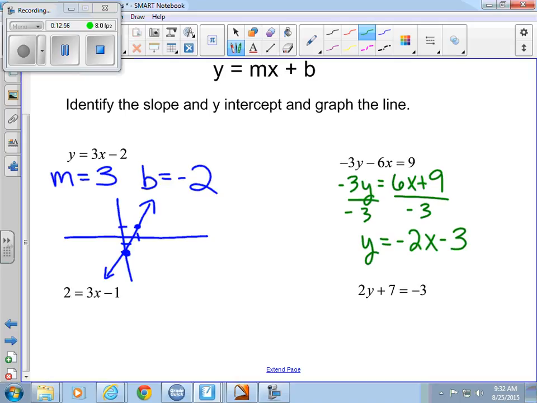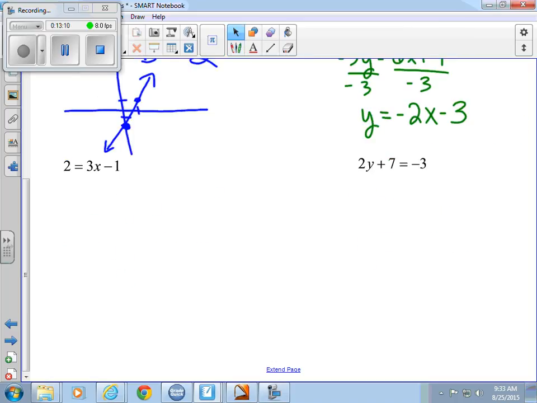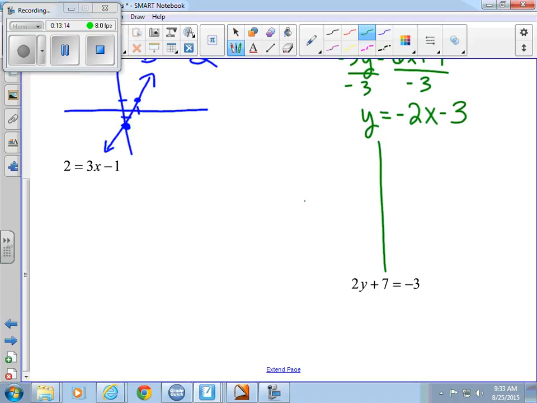So the slope is -2. And the y-intercept is -3.